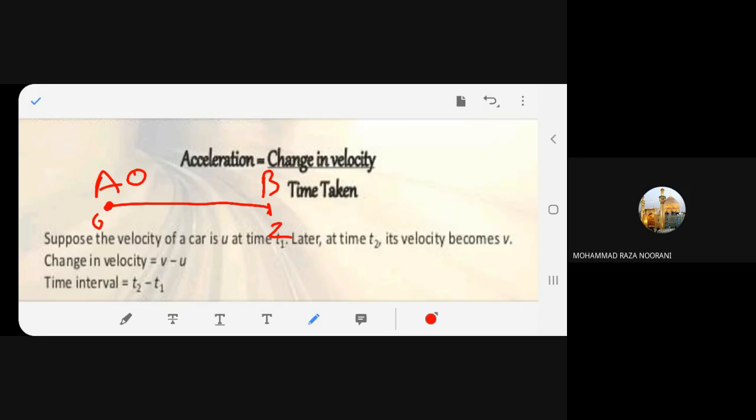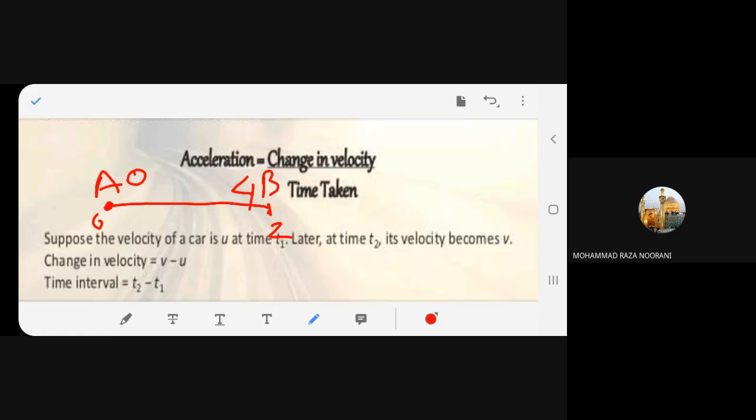You agree or not? And over here, at B, take it as 4 meter per second.